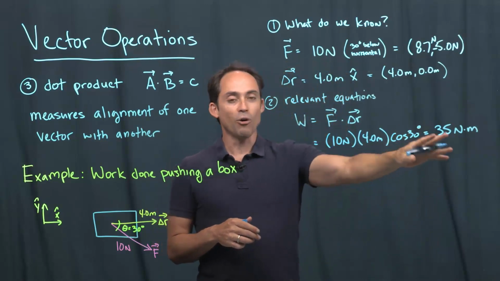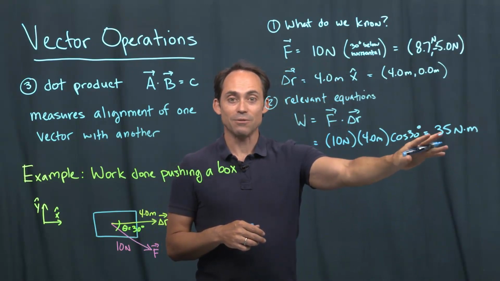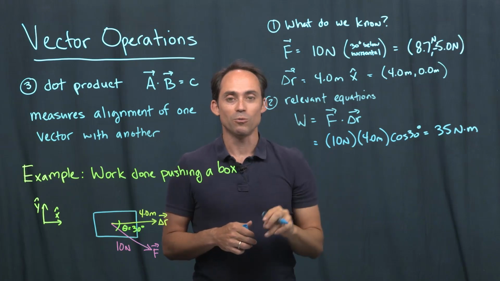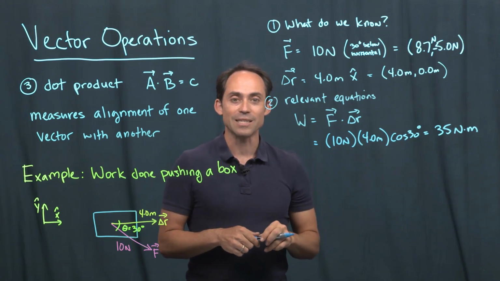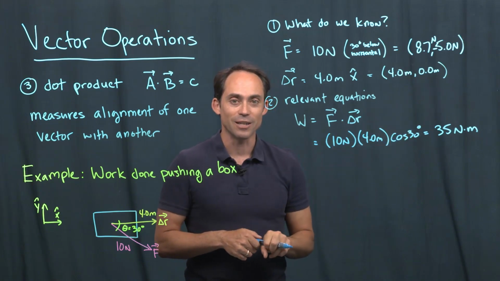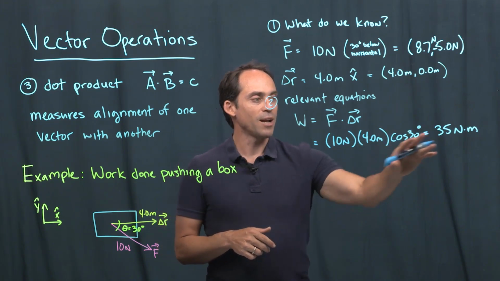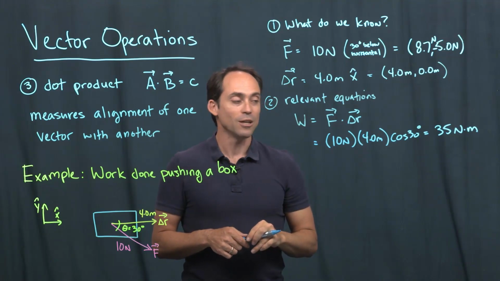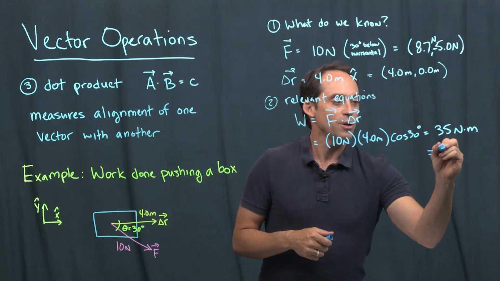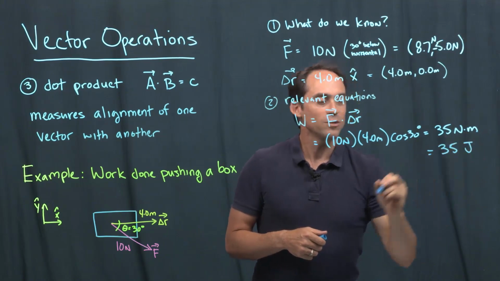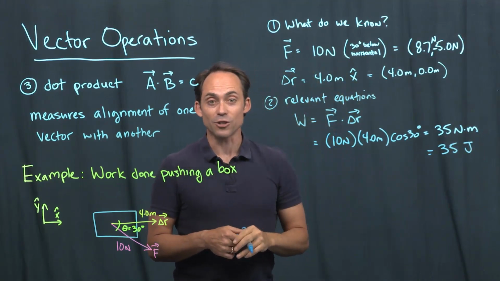I've already rounded to the significant digits of our values, which are 2, for both 10 newtons and 4.0. Cosine 30 degrees is about 0.87, but of course you can write down lots of digits after that. If we round everything out, it's about 35 newton meters. Newton meters as a unit is also equivalent to 35 joules, which is our unit of energy.